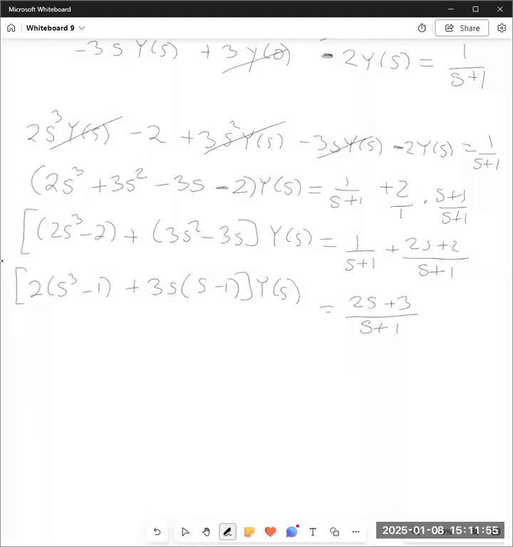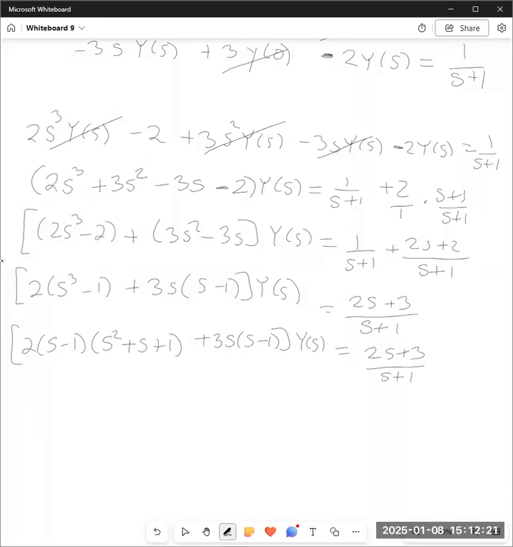This is going to be 2 times s minus 1 times s squared plus s plus 1 plus 3s times s minus 1 capital Y of s is equal to 2s plus 3 over s plus 1.